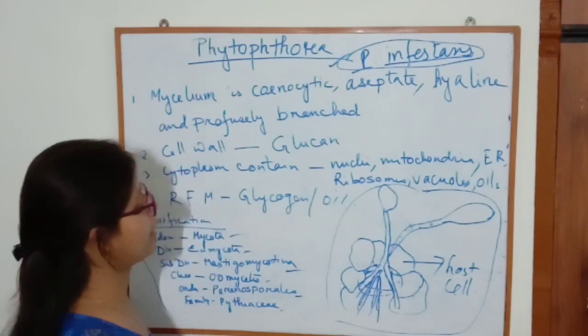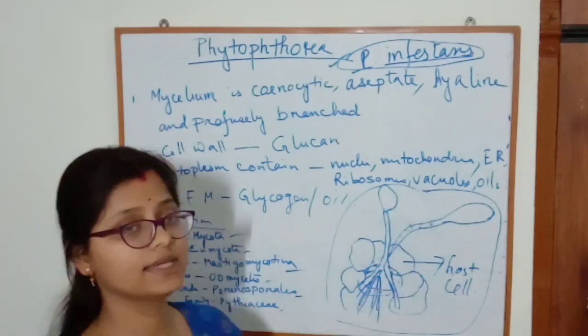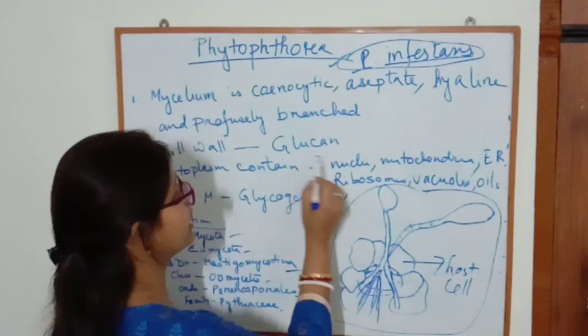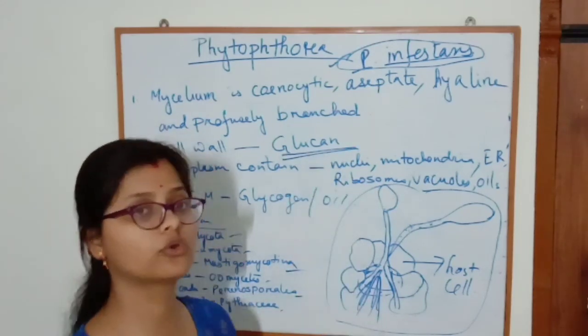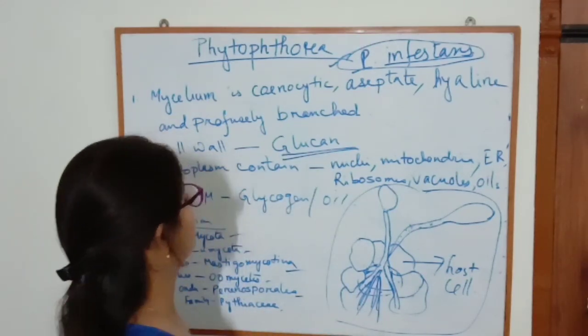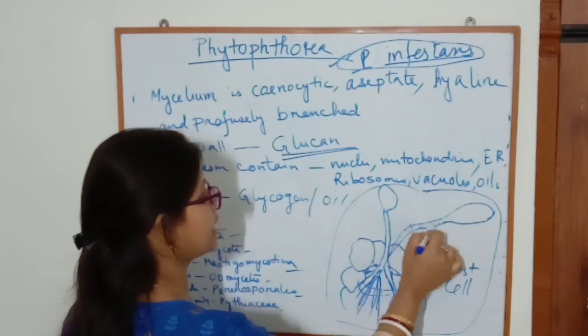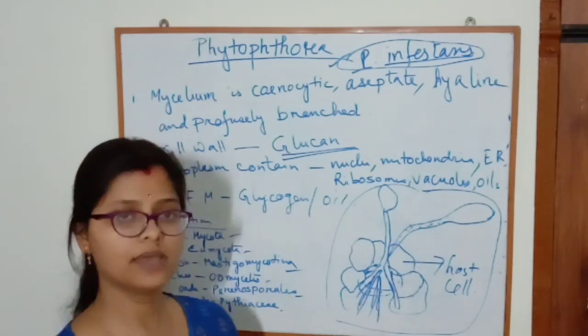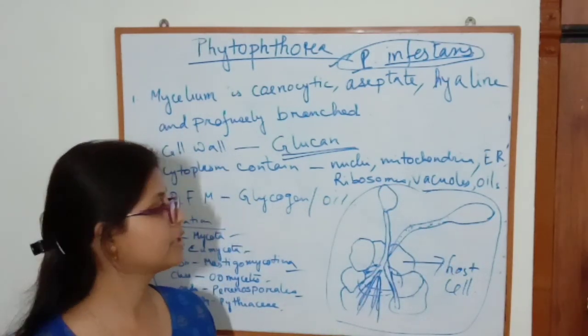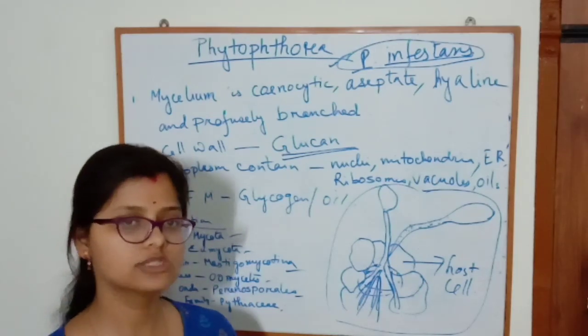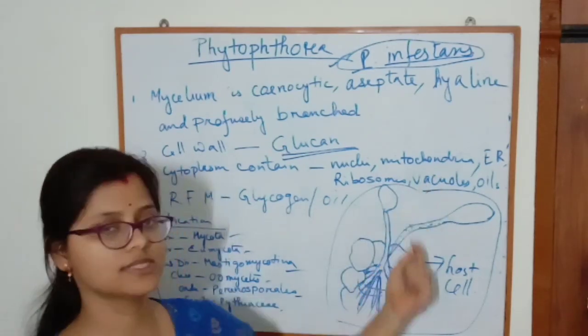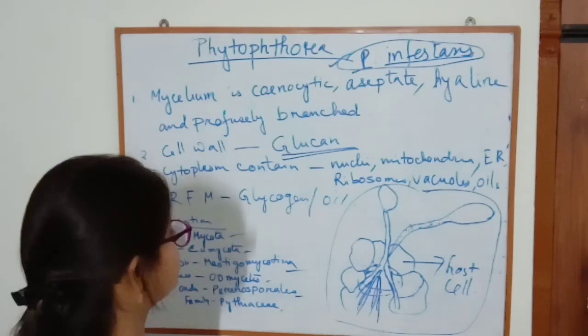They are profusely branched, and the cell wall is made up of the chemical compound known as glucan. Inside the cytoplasm, nuclei, mitochondria, endoplasmic reticulum, ribosomes, vacuoles and oils are present.